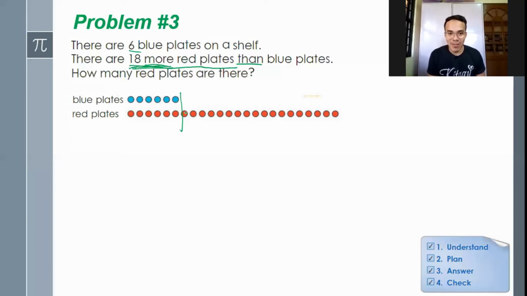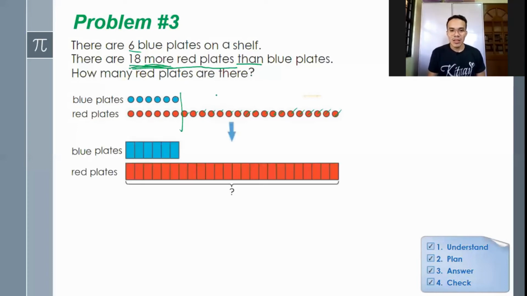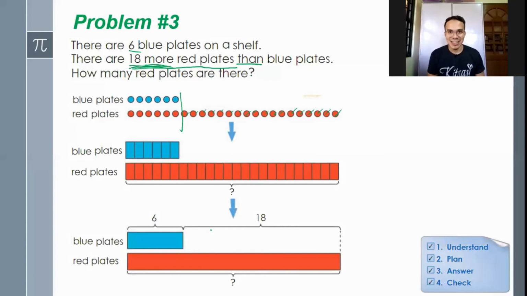There are 18 of them. 6 and 18 more. It's just like that. Or you can turn your model into something like this or just like this.